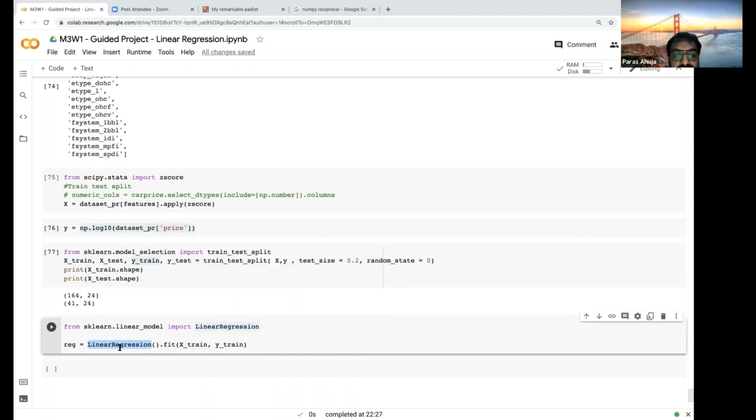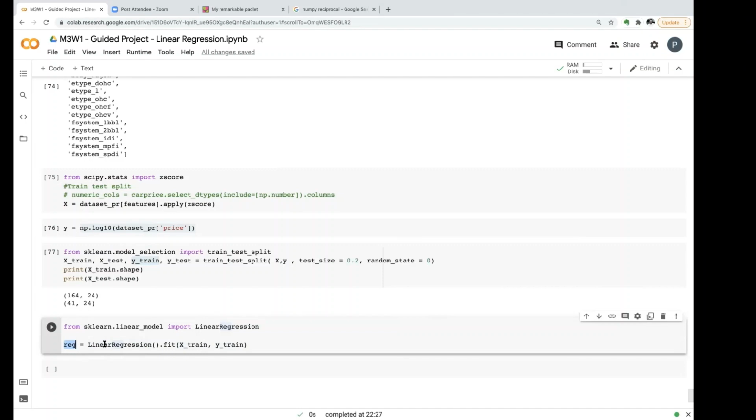This will create an object that will have the trained weights of linear regression.